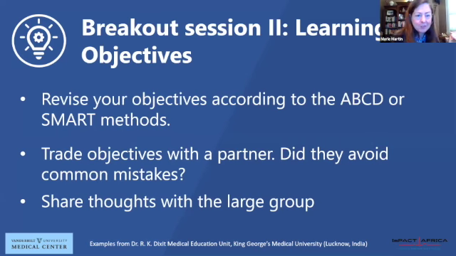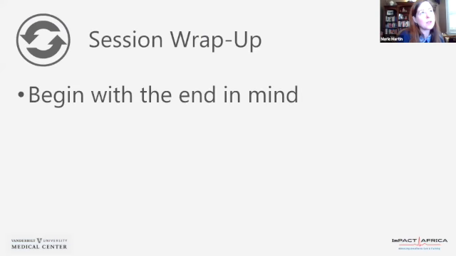Some of those aspects of SMART or ABC may be more difficult or less difficult in practice. So what I'll ask you to do is continue to develop those, and you'll use them in your final presentation and also in your course map.